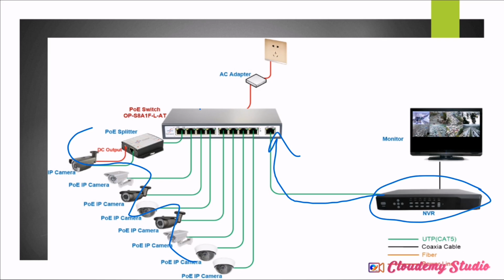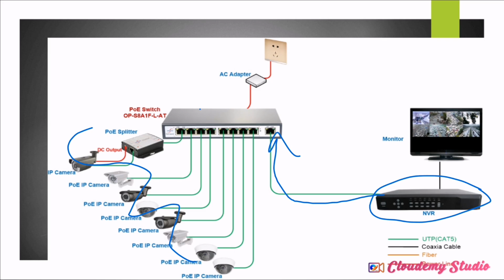So this type of switch means the cameras will not need another power source. They have power over Ethernet, meaning the switch has power on its own, so it can supply up to 9 or 12 volts, and the cameras will be able to go on and connect the data cable and give the good signal, the images or videos that are needed, to the NVR and display them on the monitor. That's what it means about the PoE switch.